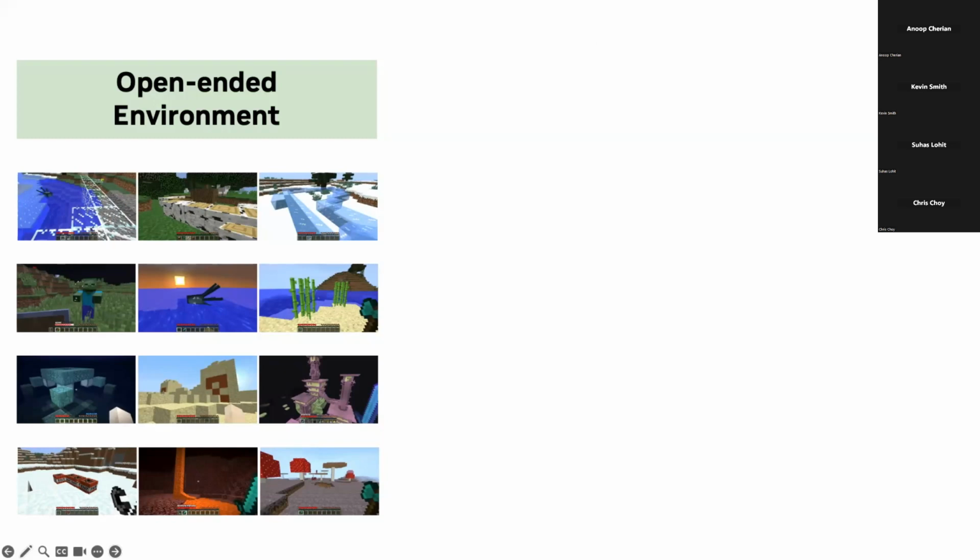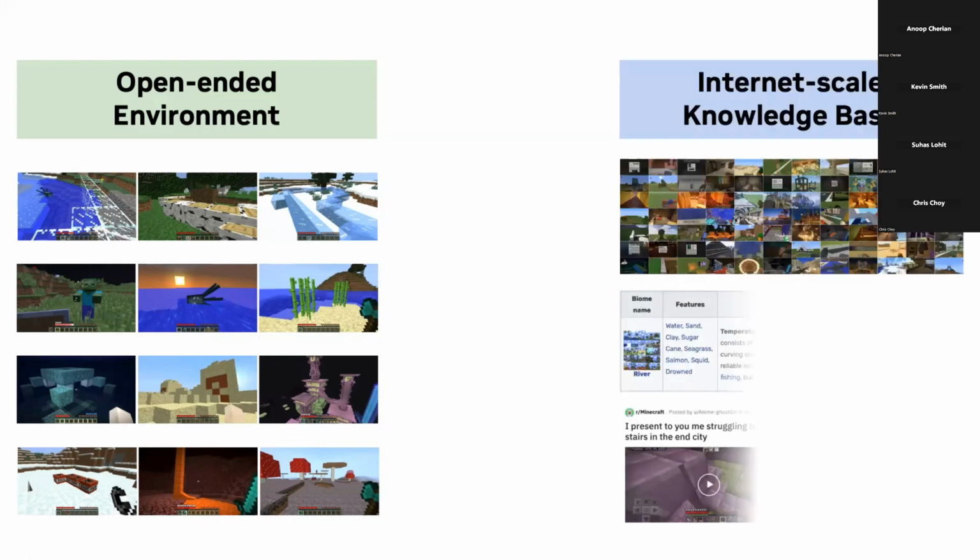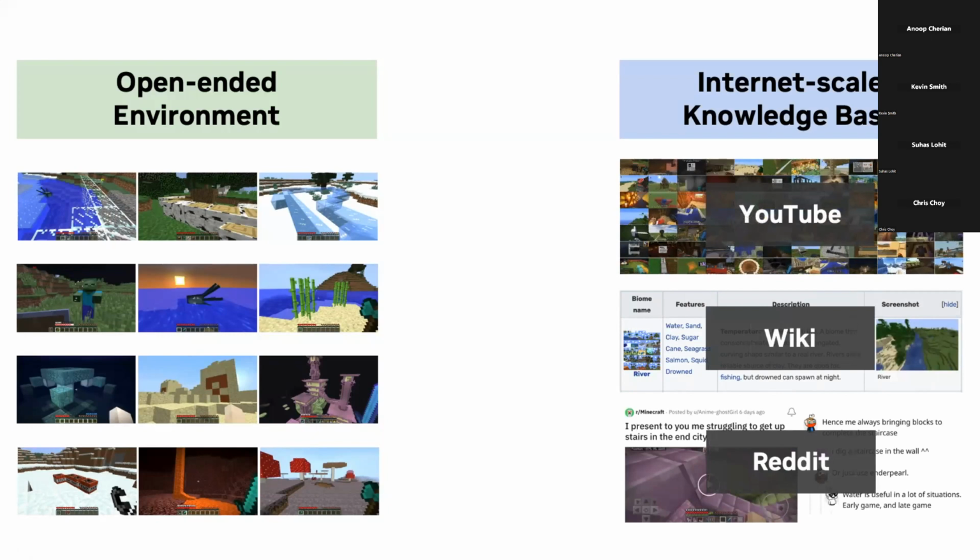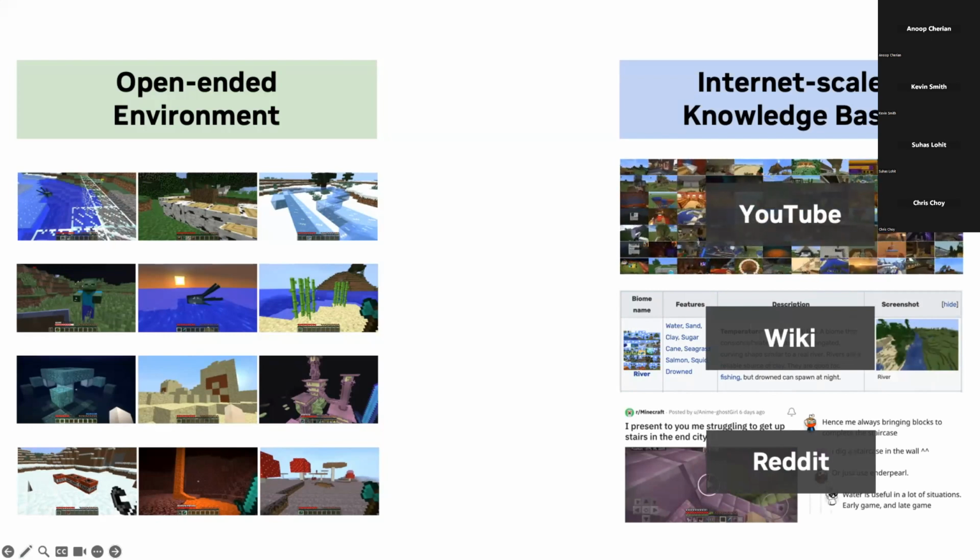And MineDOJO is an extension of Minecraft that consists of three major parts. The first one is the open-ended environments that include ocean, desert, ice caps, underworld, and many other interesting worlds. The second one is internet-scale knowledge sourced from YouTube, Wikipedia, and community discussion, specifically the Minecraft subreddit.